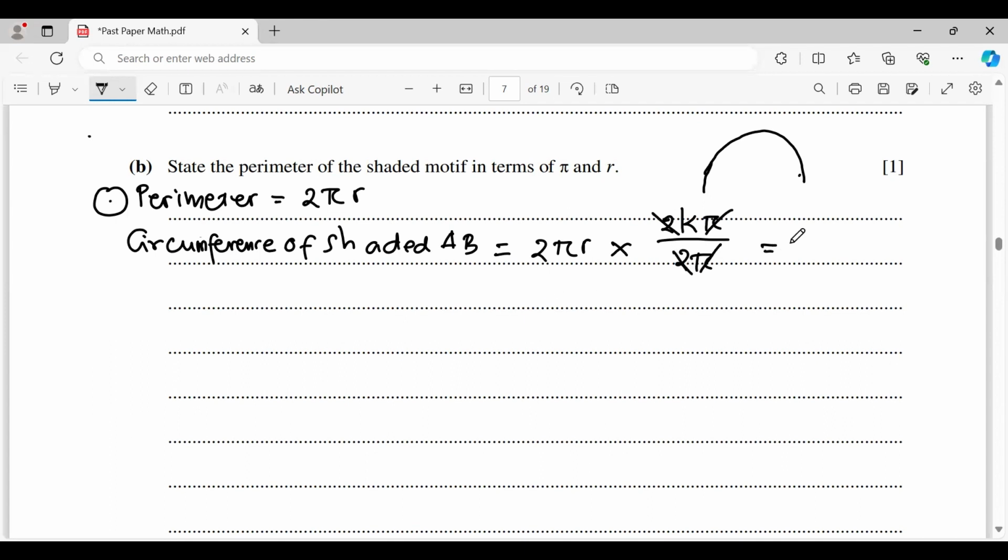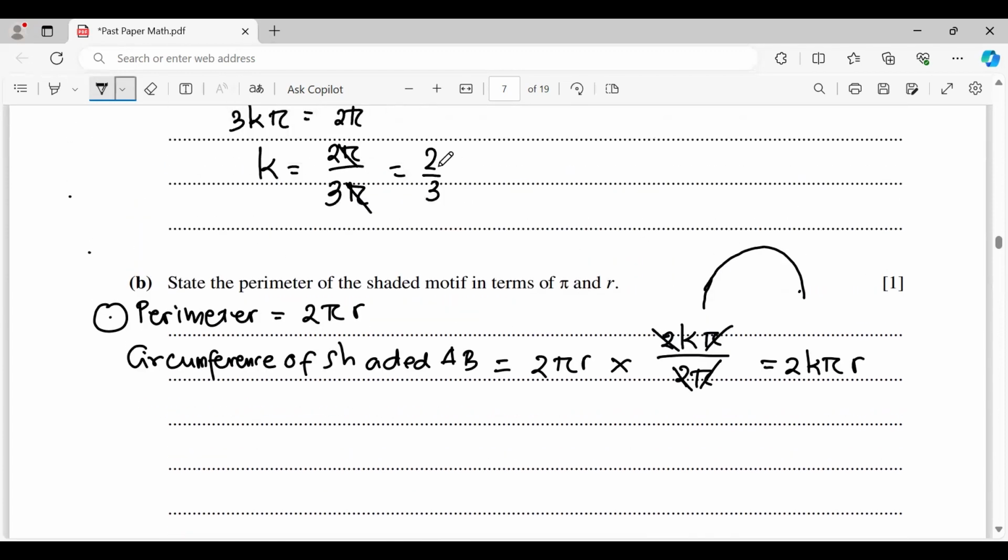So it is 2k pi r. Because we already calculated that k equals 2/3, we can state that the circumference of this shaded AB is 2 times 2/3 pi r, being 4/3 pi r.